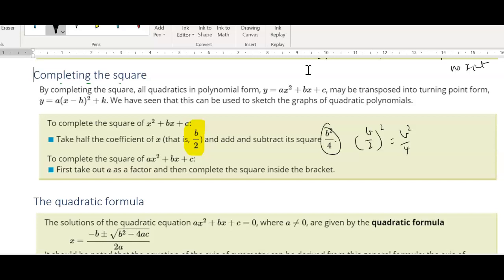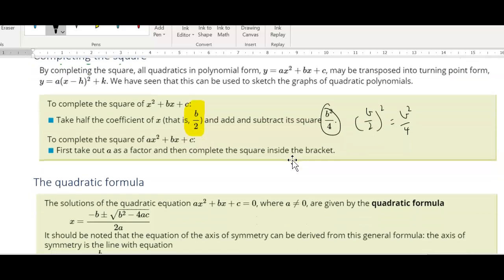It's good to see what the turning point is, but I would only ever do it to see what the transformations are, really. I would probably just use the quadratic formula, to be honest. Or you can also factorize a quadratic if it's an easy one to factorize.